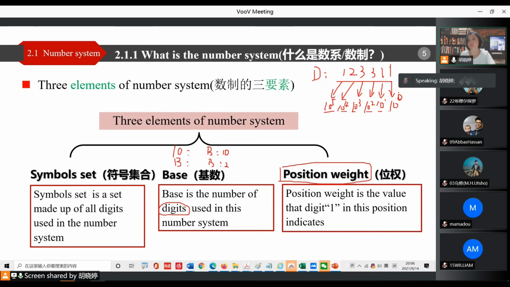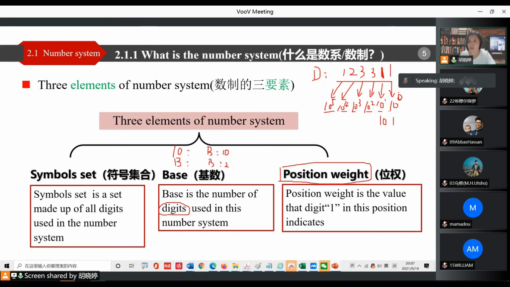If this digit is 1, that means this number will be 1, because 10 power of 0 will be 1. For the second position, the digit is 1, its weight is 10, so that number will be 10.